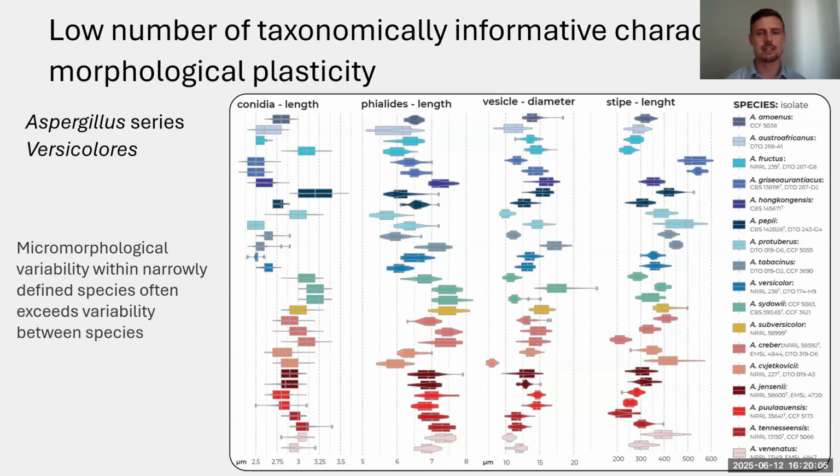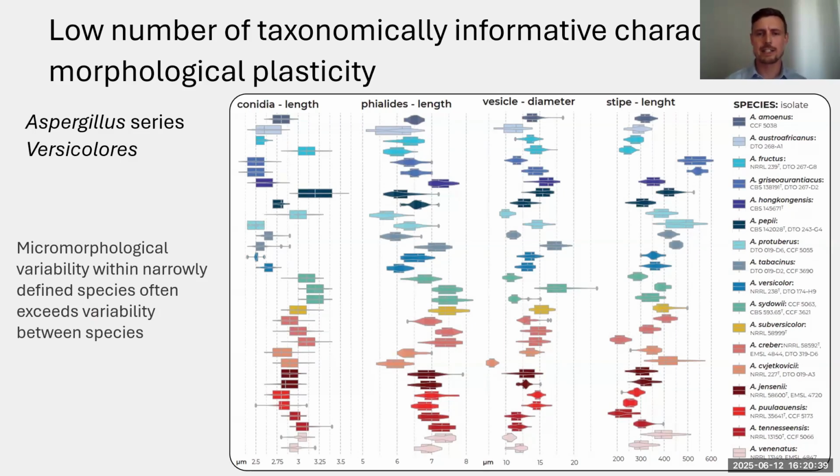And I just wanted to show here that the variability within the species, even if they are very narrowly defined, which would be the shades of these colors, like the blue and red, then even within the narrowly defined species, there are often very, very large differences in the measurements of these micromorphological traits.